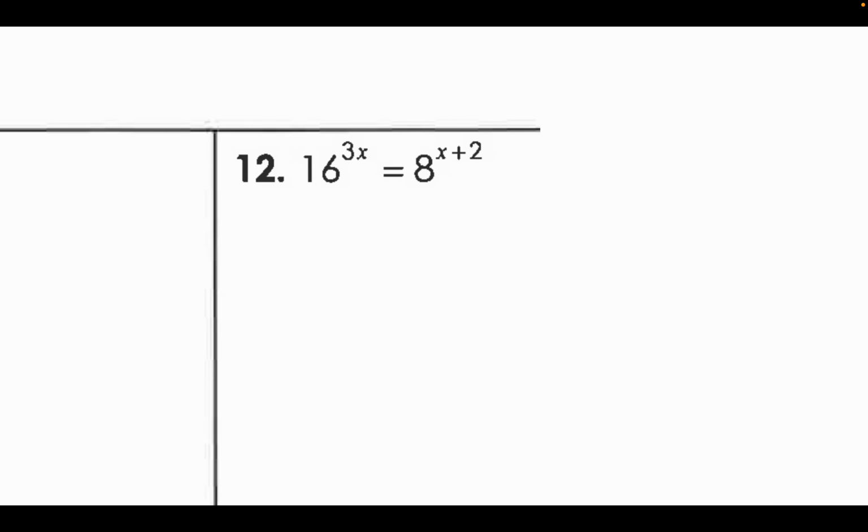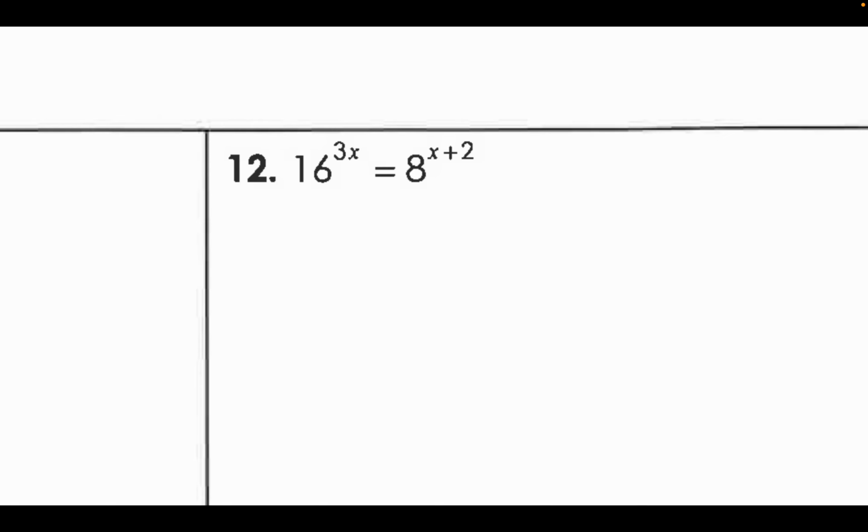Number 12, we face the same scenario where 16 is not 8 to a certain power, and 8 is not 16 to a certain power, but rather they're both 2 to a certain power. And so 2 to the 4th power is 16, and that would be raised to the power of 3x. And 2 to the 3rd power is 8, and that'd be raised to the power of x plus 2.